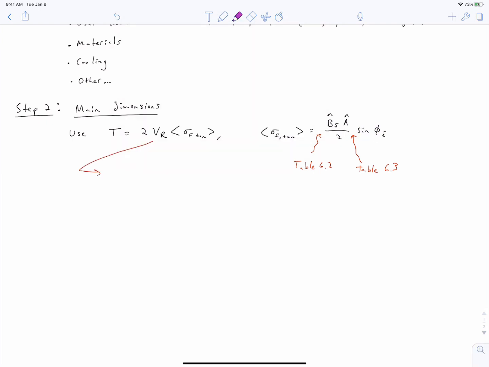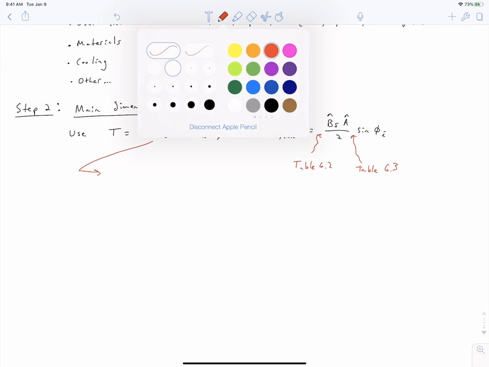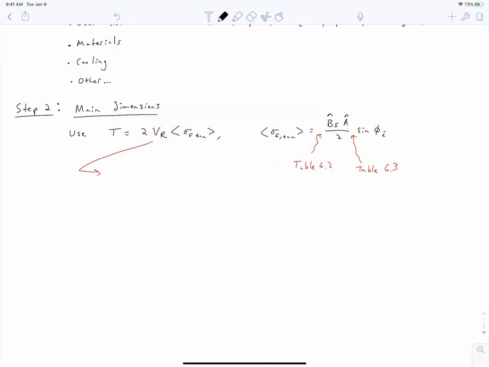So we had these decisions about our electric and magnetic conditions. We also have to make decisions about the mechanical design of the rotor. And so VR is the volume of our rotor, which is of course equal to pi r squared times L, where r is our air gap radius, and L is the axial length of our rotor.